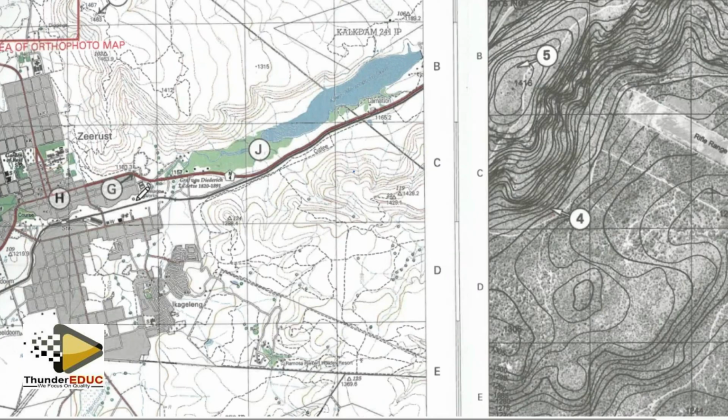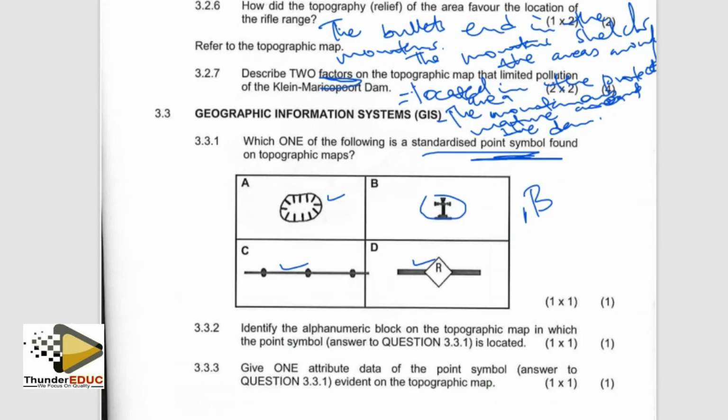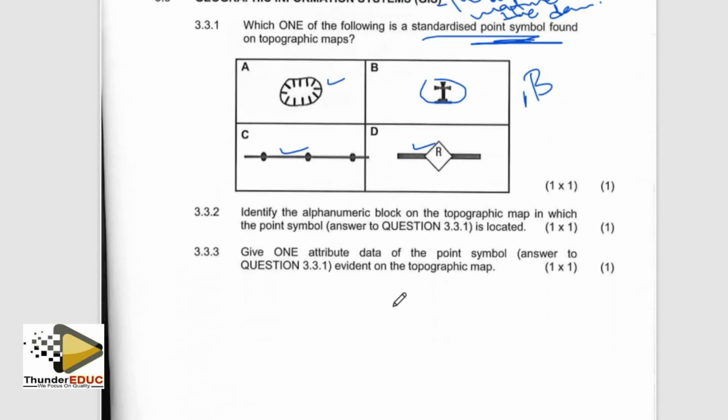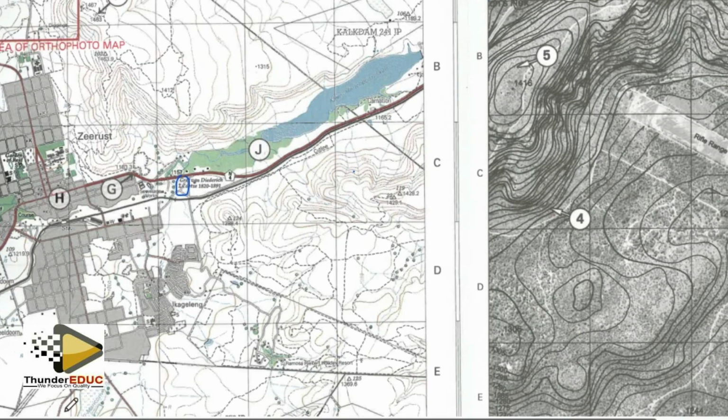Okay. And when you go to the topographic map and look for it, it is somewhere here. That is where we have our point feature, which is a monument. A monument is a point feature. Give one attribute and identify the alphanumeric block on the topographic map on which the point symbol is located.